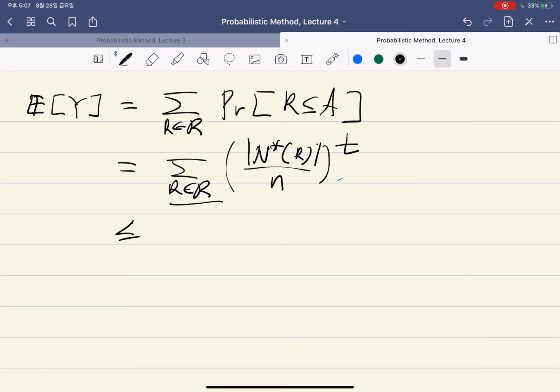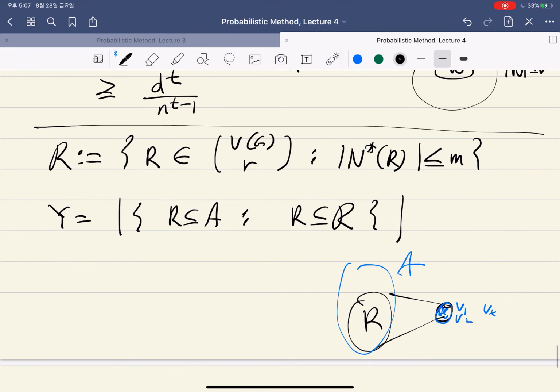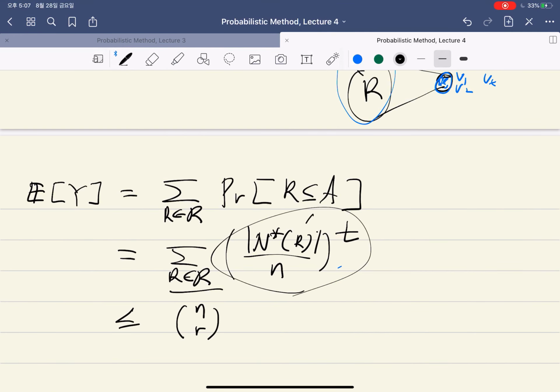But how many R's are there? At most n choose R. And from the definition, the common neighborhood size is at most M. So we get this expression.